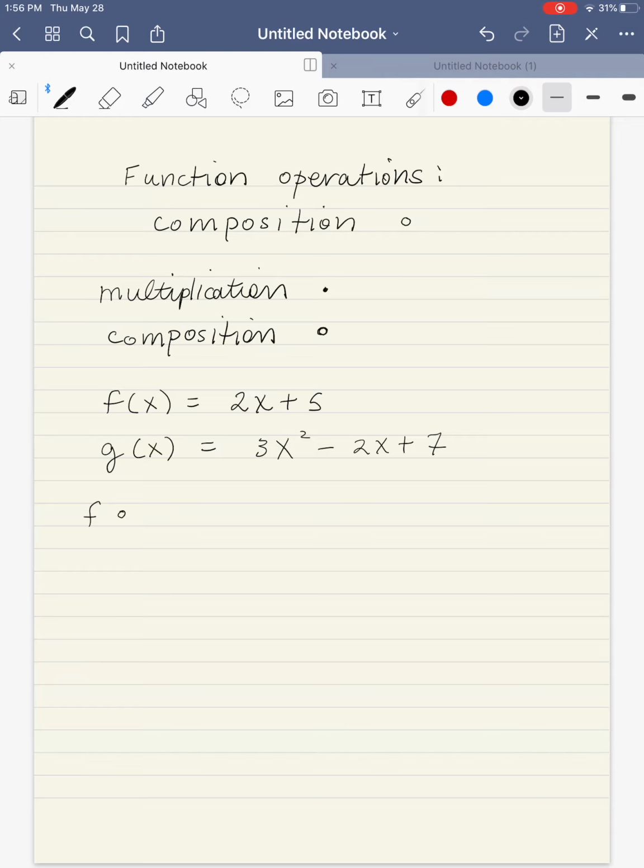So if I have f composed with g of x. And remember the of x here, that piece is just saying what our independent variable is. So f composed with g is the name of this new function.